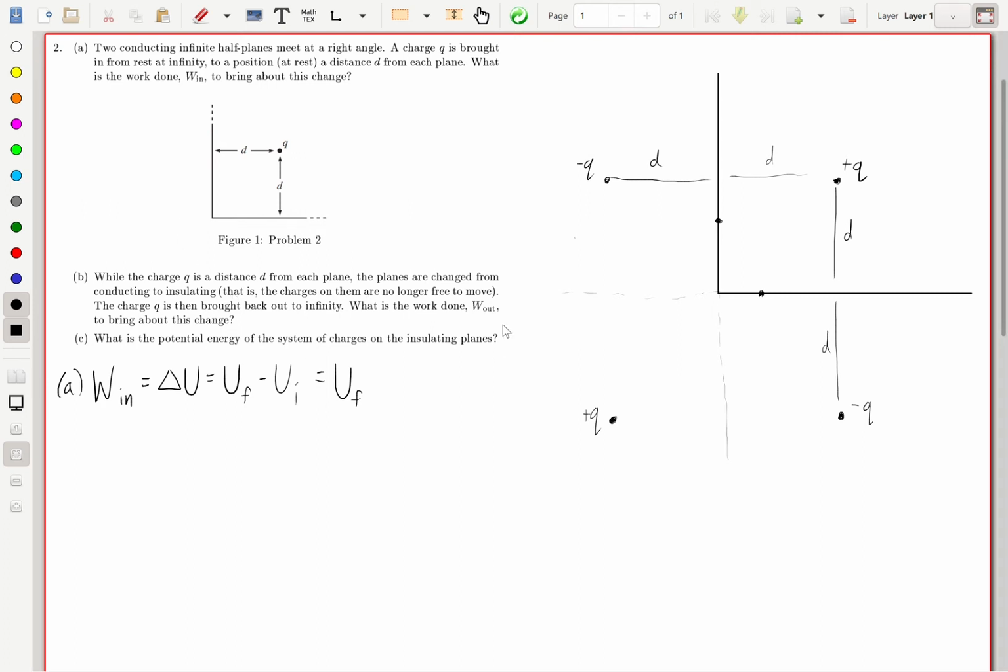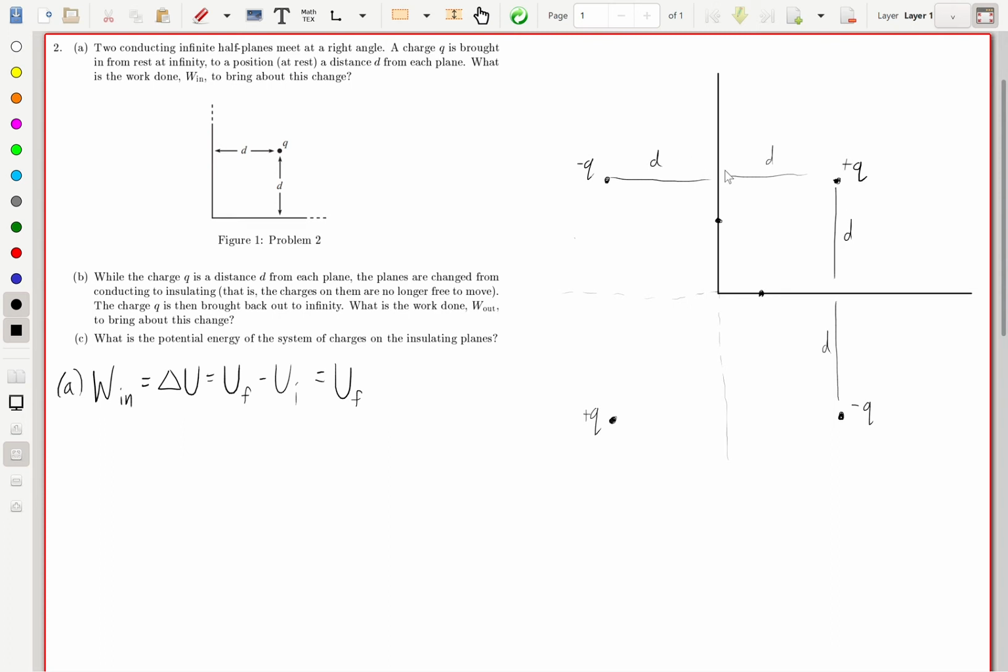So now this problem just becomes, what is the potential energy of these four charges? The naive way to do this would be to just individually count up the electrostatic potential between these four charges.